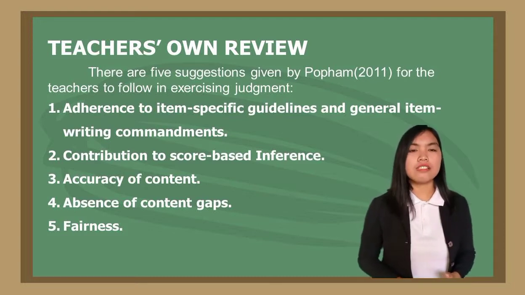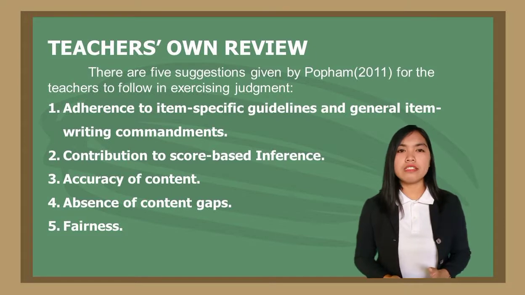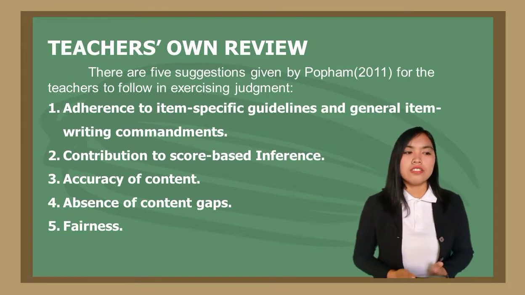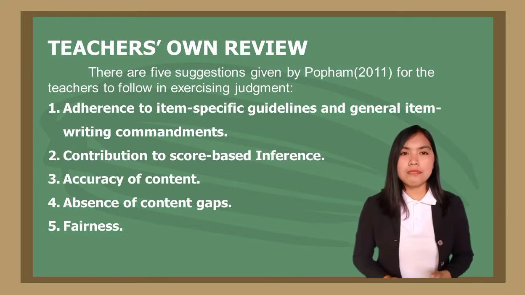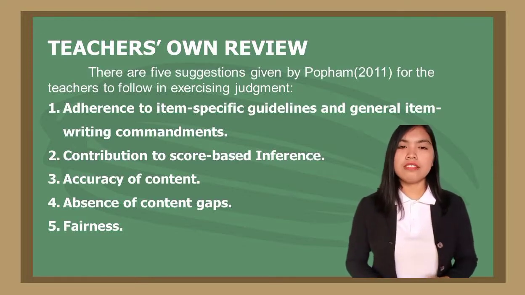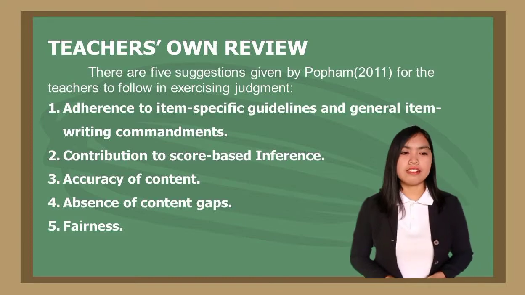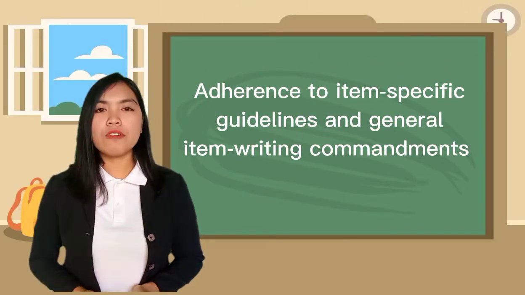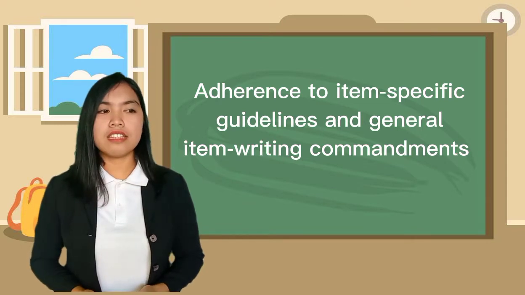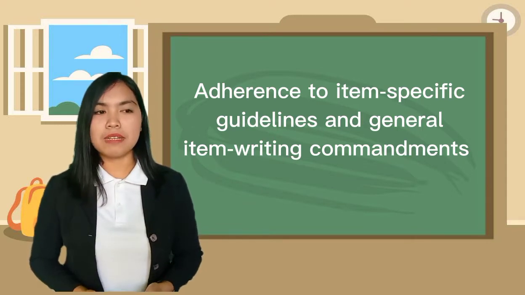The second one is contribution to score-based inference. Third, accuracy of content. Fourth, absence of content gaps. And the last one is fairness. So, the first one is adhere to item-specific guidelines and general item-writing commandments.